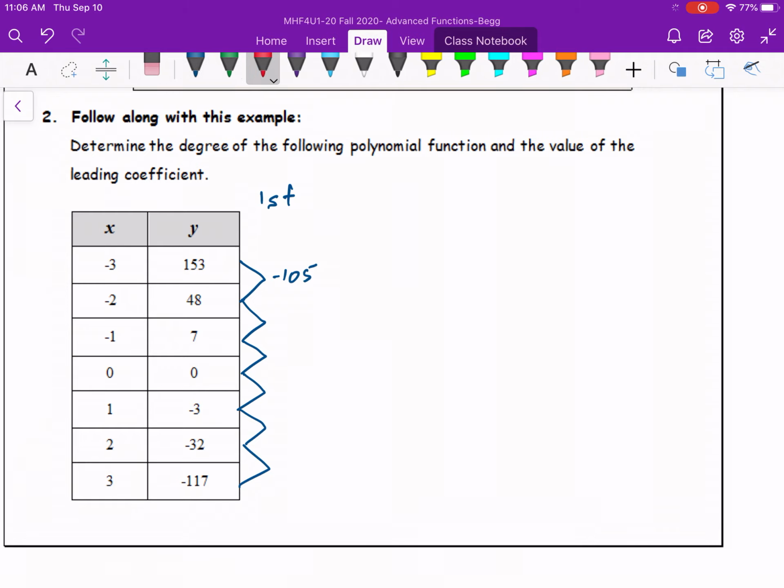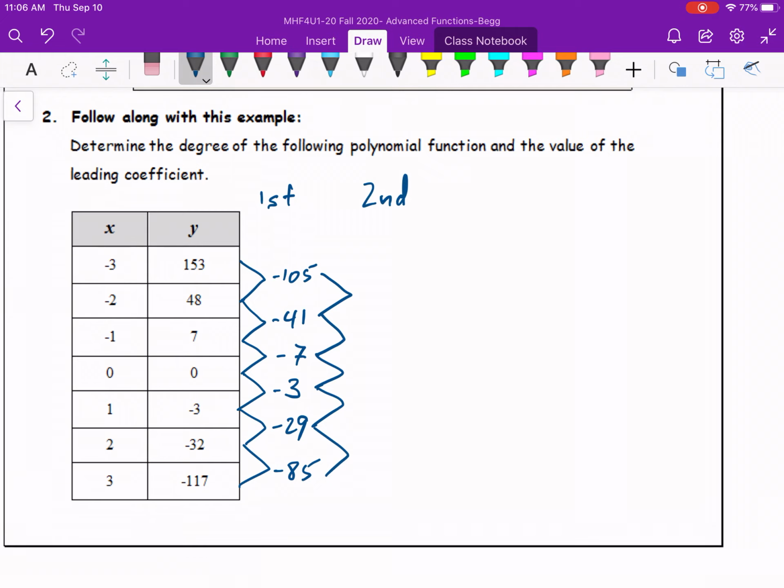And then we're going to subtract 48 from 7. And when we do that, we get negative 41. So if I just go down and subtract all those, this is what I get.